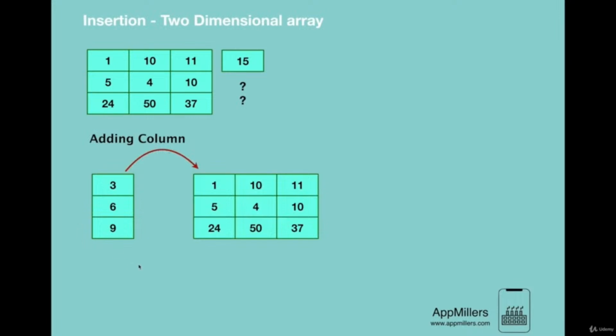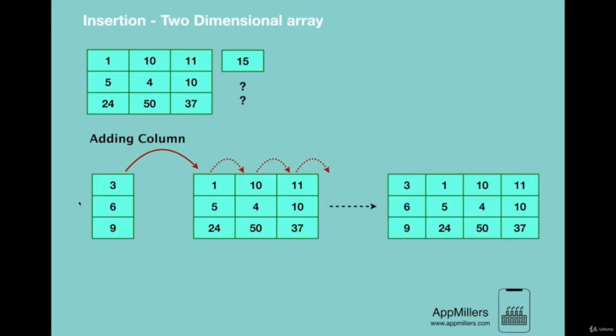When we add this column over here, the columns in the two-dimensional array have to move one step right. Otherwise, we cannot insert this column in the first column. So this is going to be like this. It's going to be added at the zero index. So all the rest of the columns will be moved one step right.